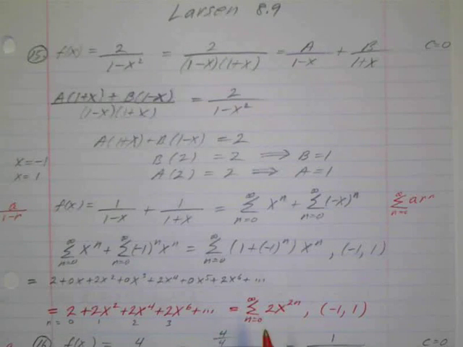So it'd be 2 times x squared to the n. See, because I keep multiplying by x squared. In other words, I start with 2. 2 times x squared is this. 2x squared times x squared is 2x to the 4th. 2x to the 4th times x squared is 2x to the 6th.